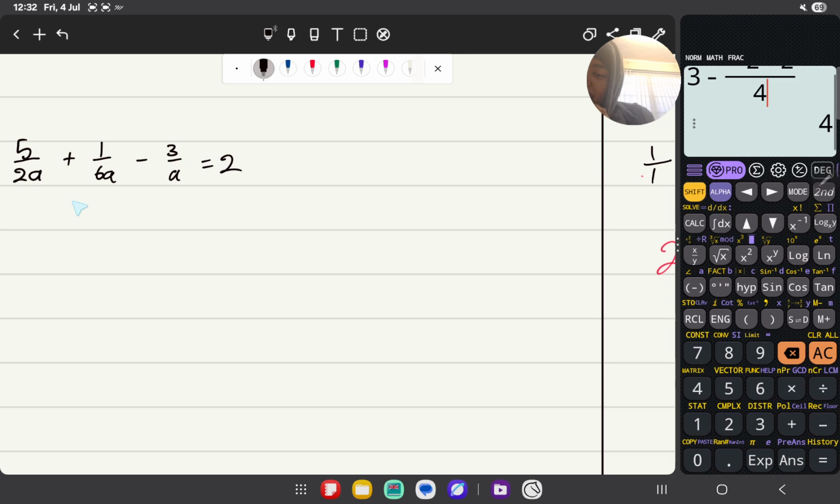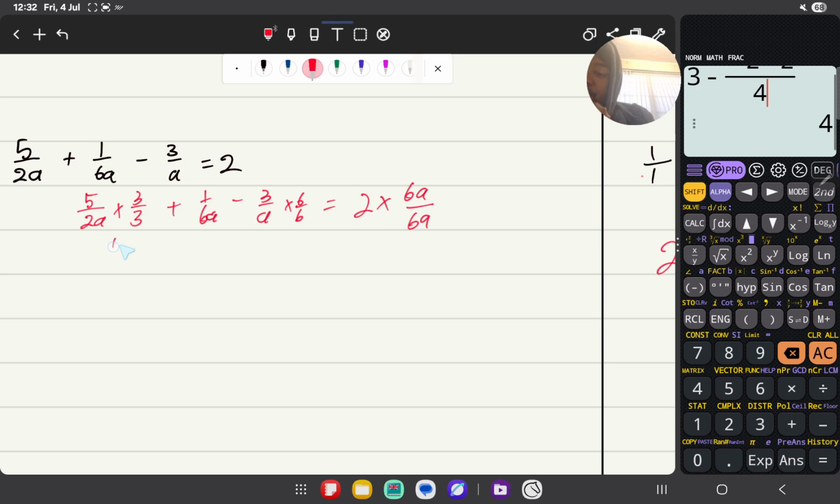So I'm gonna write 5 over 2a multiplied by 3 over 3, then plus 1 over 6a, I leave it like that, minus 3 over a times 6 over 6 equals 2 times, then here I'm going to say 6a over 6a, because I need that divided by 6a.